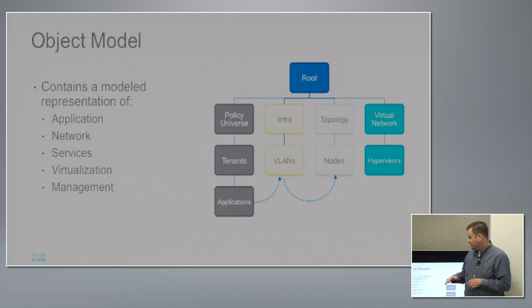The object model itself is essentially the full representation of everything inside the APIC. And there's really, I would call it three classes of objects. One is the policy view of the world, where you have application profiles and contracts and endpoint groups. Those are abstracted essentially away from the traditional network topology. Then you have the network policies.